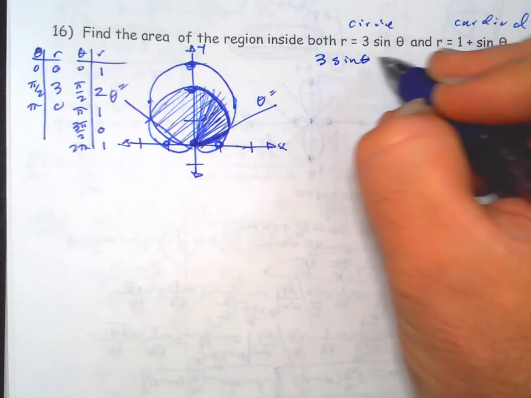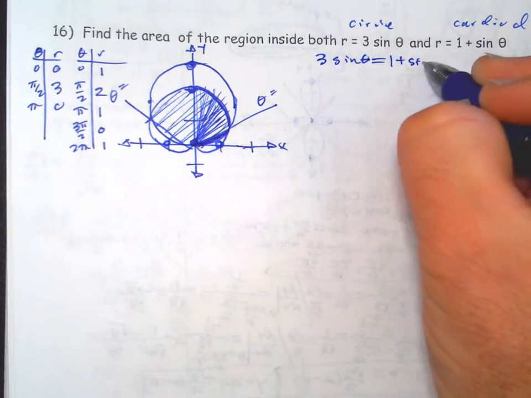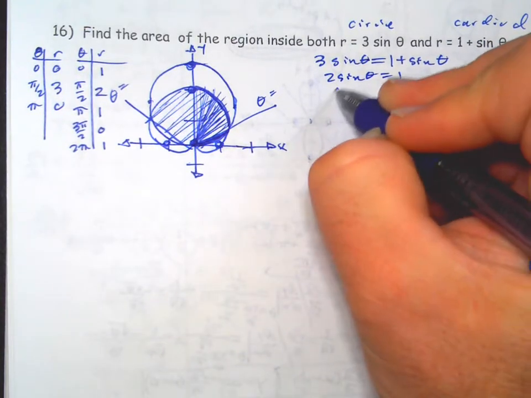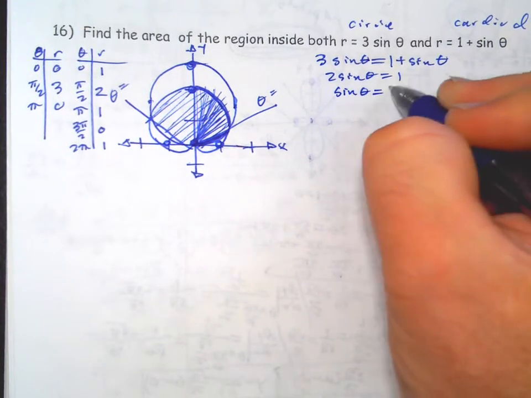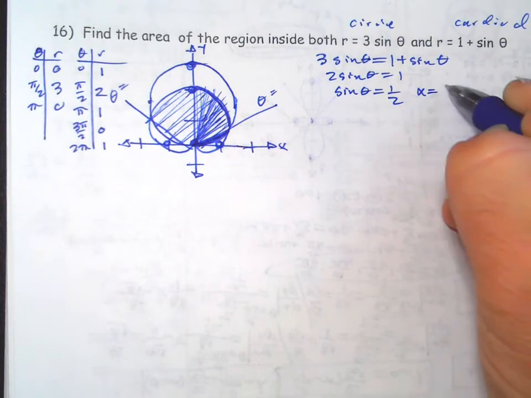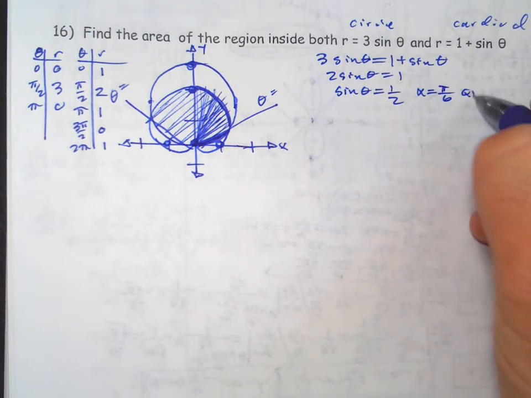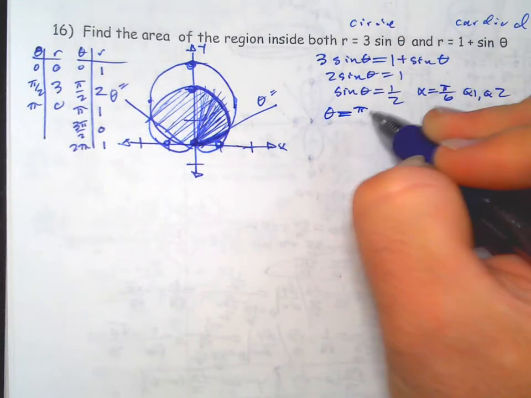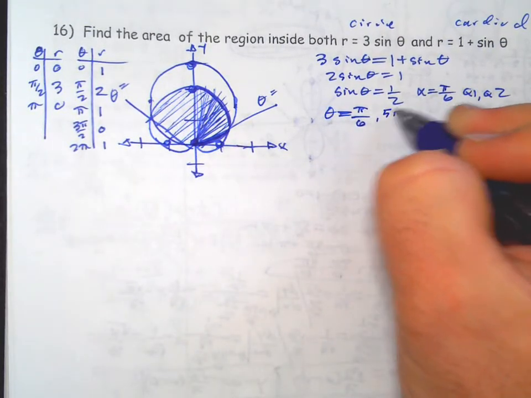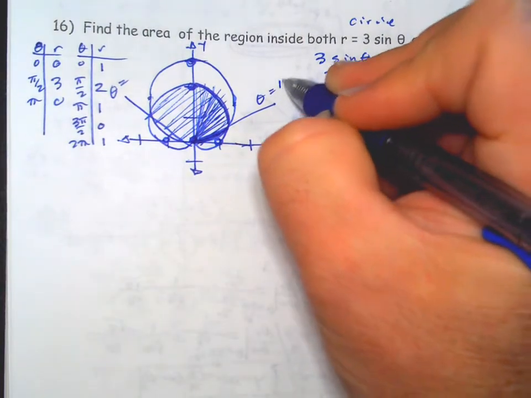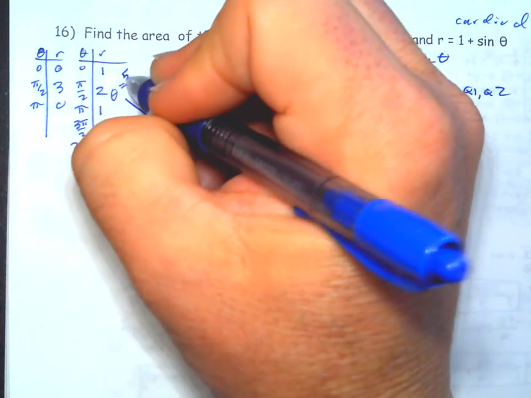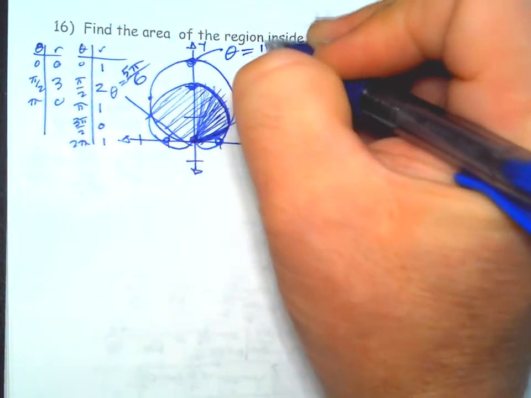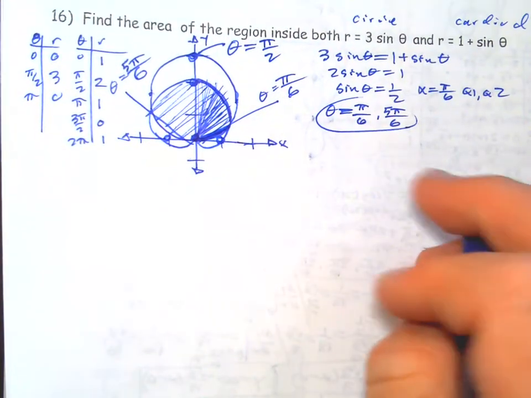Expect first quadrant and second quadrant. So reference angle is pi over 6, quadrants 1 and 2 like we expected. So theta equals pi over 6 and 5 pi over 6. So I'd label those on your picture. Now, I'm probably just going to do half of it, pi over 6 to pi over 2, whatever.